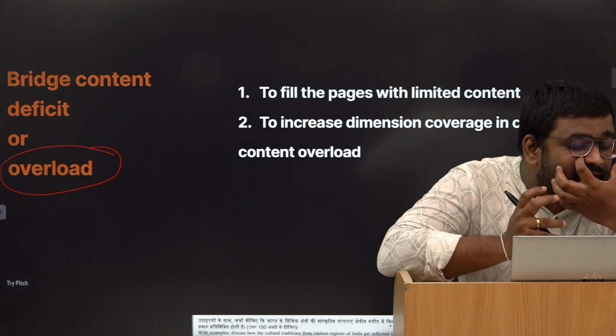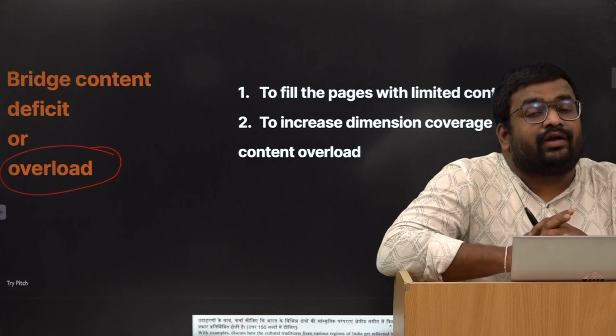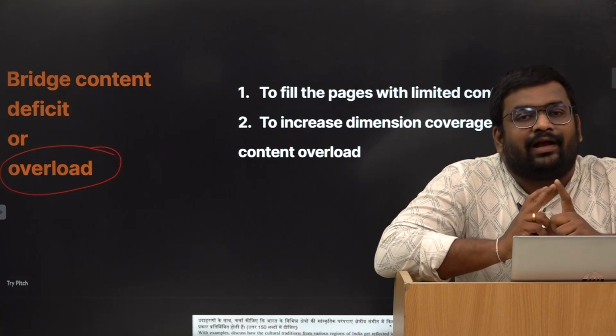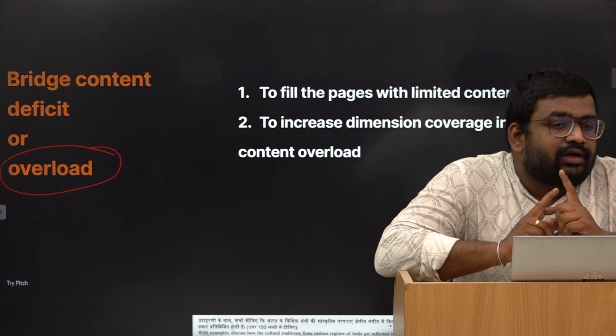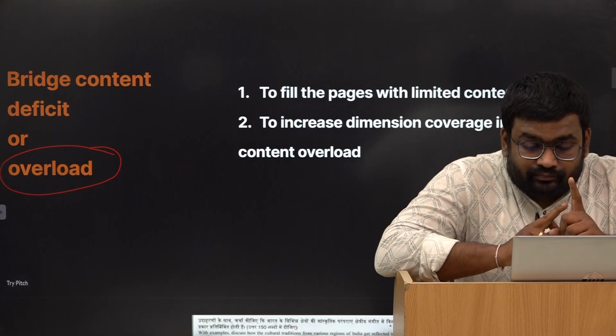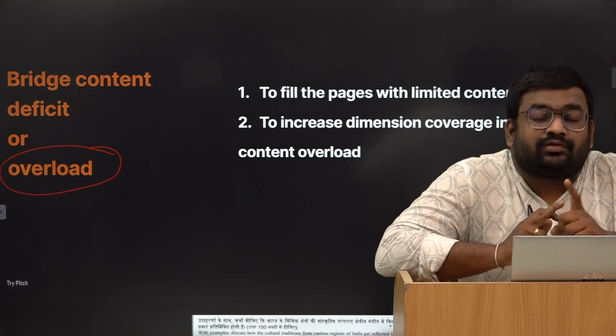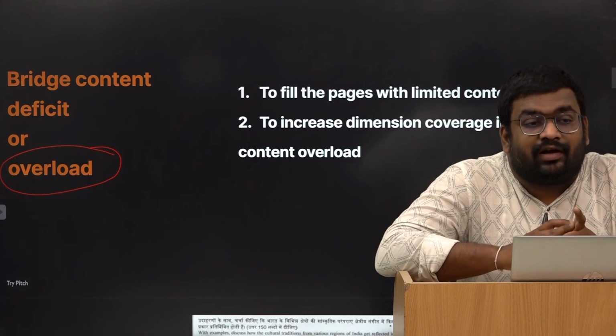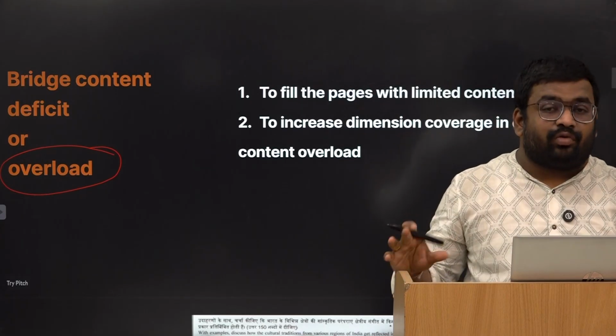The average marks in GS3 are in the range of 90 to 100. One major reason behind that is that the majority of the questions from economics, internal security and disaster management are broader questions.